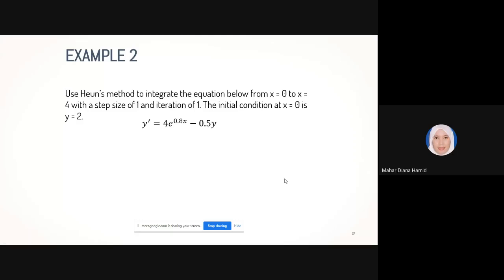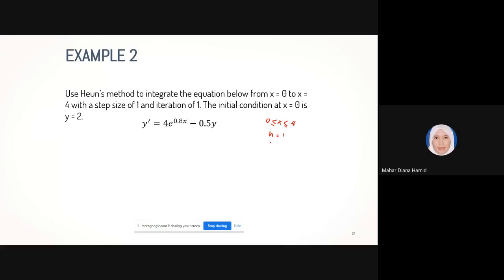Use Euler's method to integrate the equation below from x equals 0 to x equals 4 with a step size of 1 and iteration of 1. So h is equal to 1. Iteration of 1 means we're not going to have multiple iterations. We stick to only 1 step of the predictor equation and 1 step of the corrector equation.